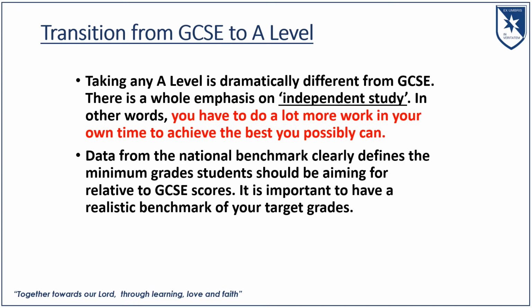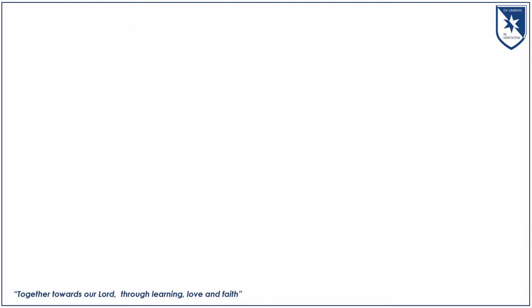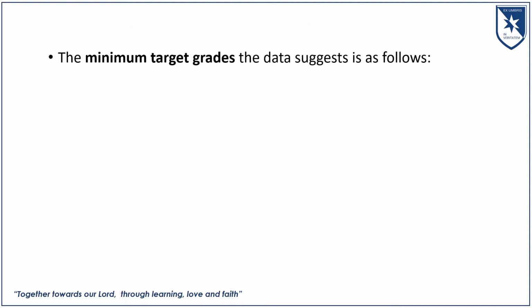Data from the national benchmark clearly defines the minimum grade students should be aiming for relative to GCSE scores. It is important to have a realistic benchmark of your target grades. The minimum target grades the data suggests is as follows.